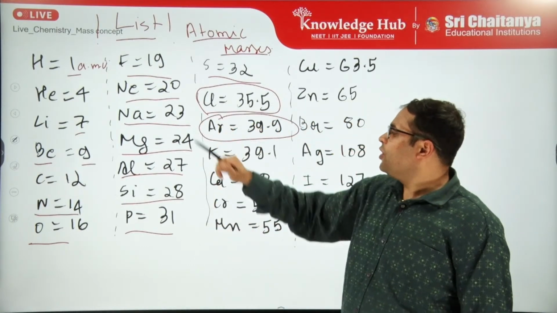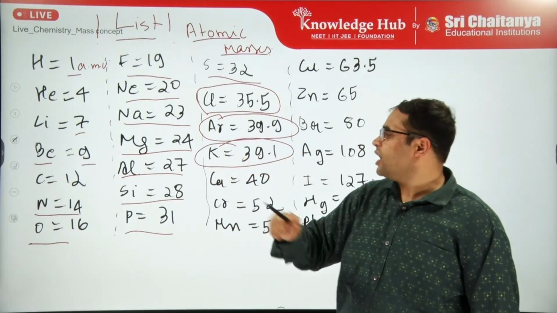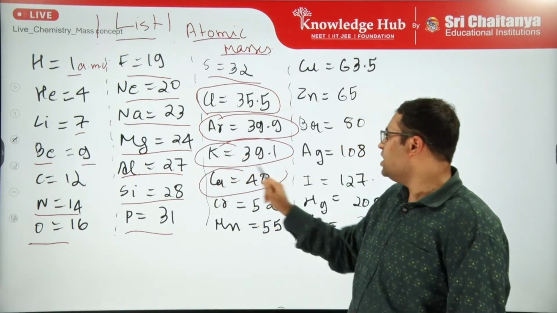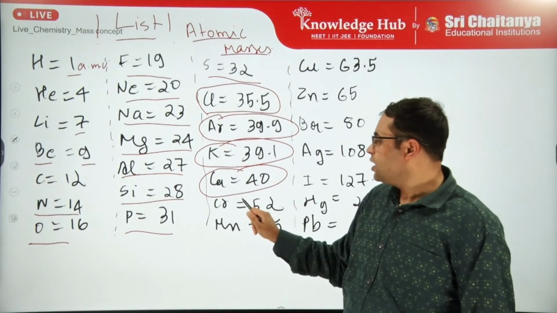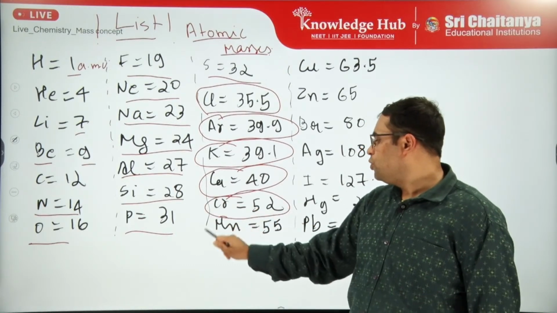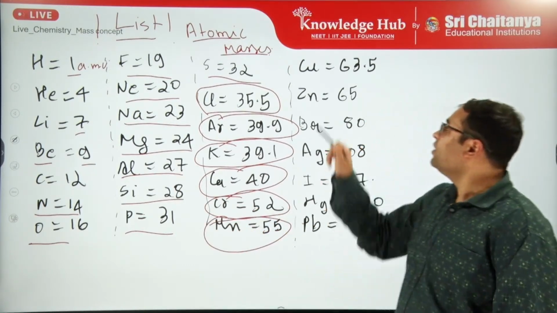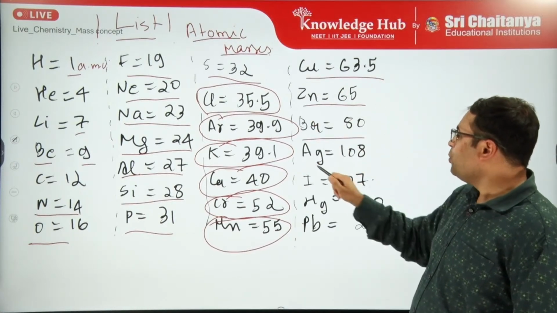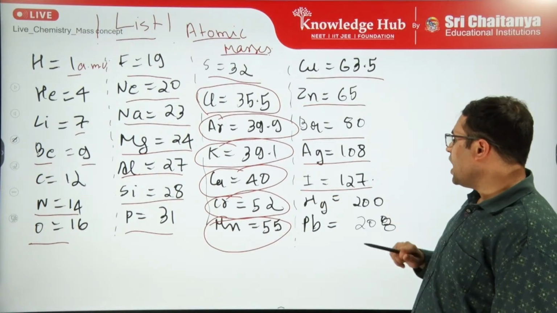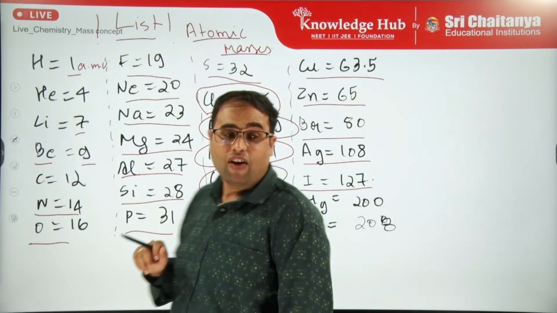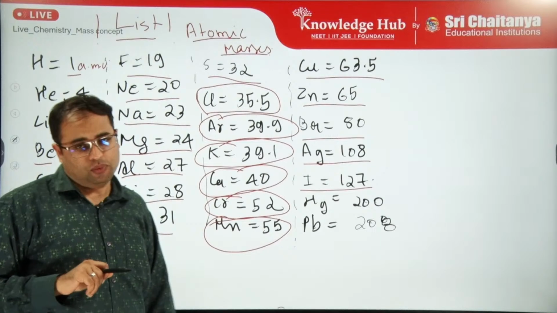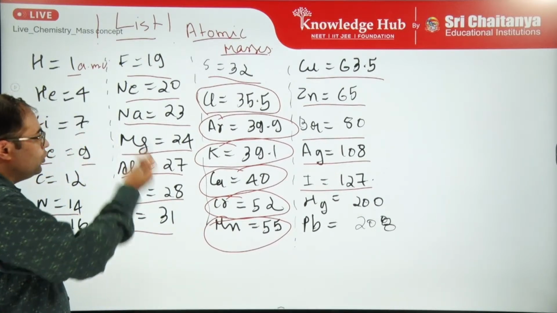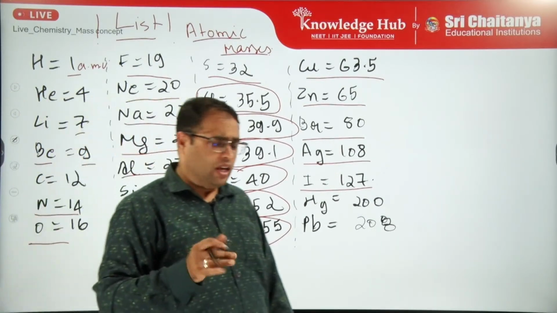Argon 39.9, potassium 39.1, calcium 40, only a little bit of difference is there. Chromium 52, manganese 55, copper 63.5, zinc 65, bromine 80, silver 108, iodine 127, and you have your mercury and lead as well here.